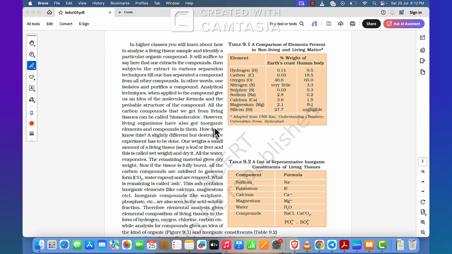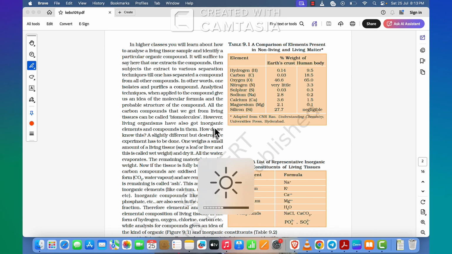Analytical techniques, when applied to the compound, give us an idea of the molecular formula and the probable structure of the compound. All the carbon compounds that we get from living tissues can be called biomolecules.